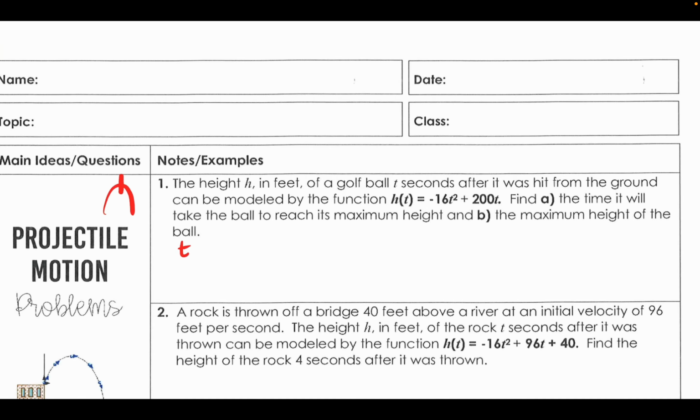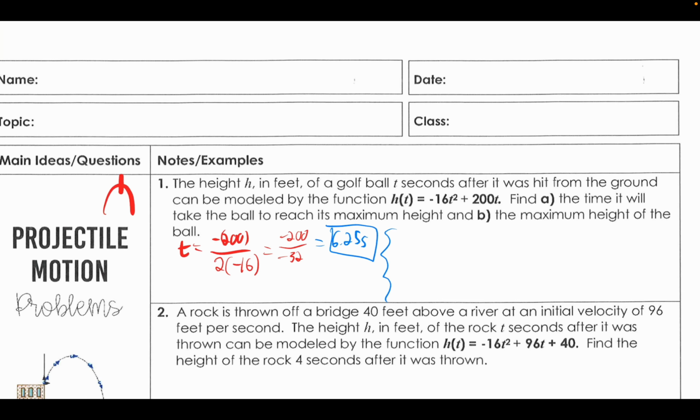And b is 200, so it's negative of 200 over 2 times negative 16. And this is negative 200 over negative 32, which becomes the decimal 6.25 seconds. And we do want labels on there specifically. So that's the time it'll take to reach the maximum height.